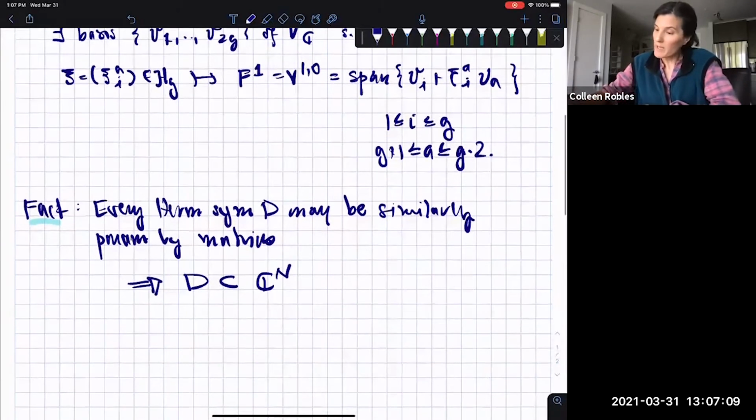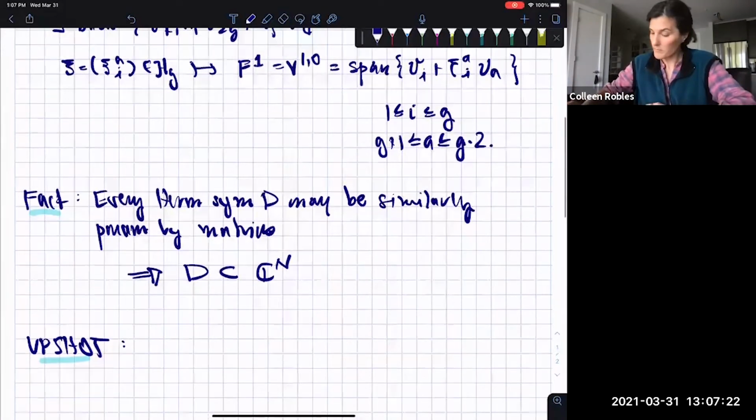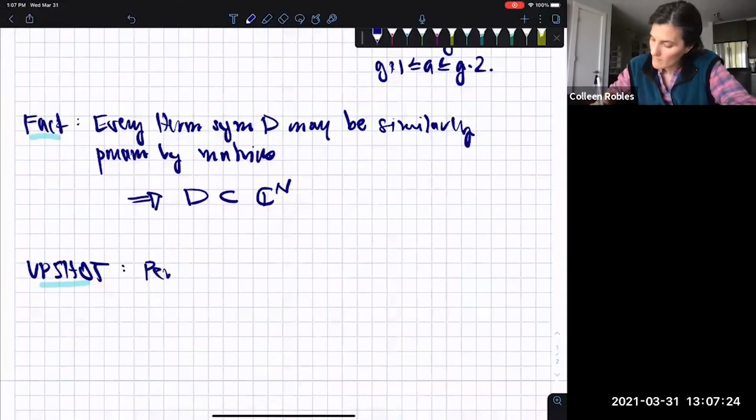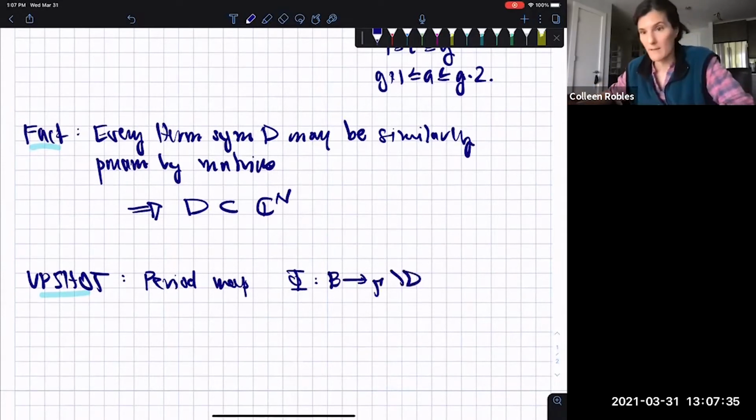But the upshot for all of this, at least in the Hermitian symmetric case, is that the period map then, and I'm always going to assume that B is smooth, admits a multi-valued period matrix.